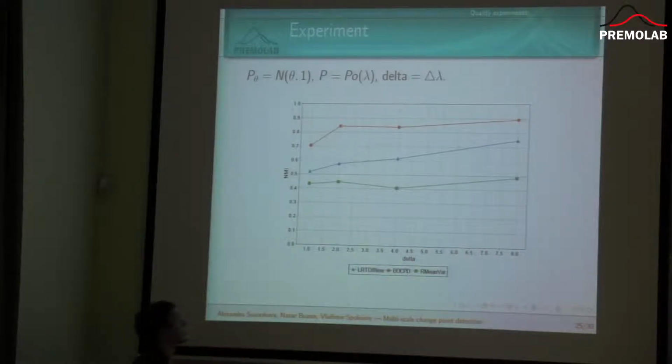We've used data from a Poisson distribution, and our family is normal.